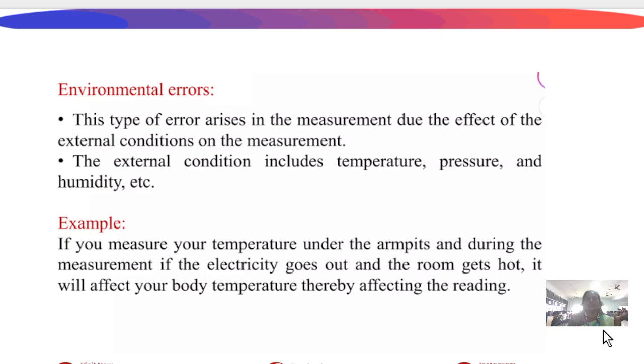Random errors are those errors which occur irregularly and unpredictably. They do not follow any fixed pattern. These errors are mainly due to small and uncontrollable factors such as noise, slight variation in power supply, mechanical vibrations, and human reaction.